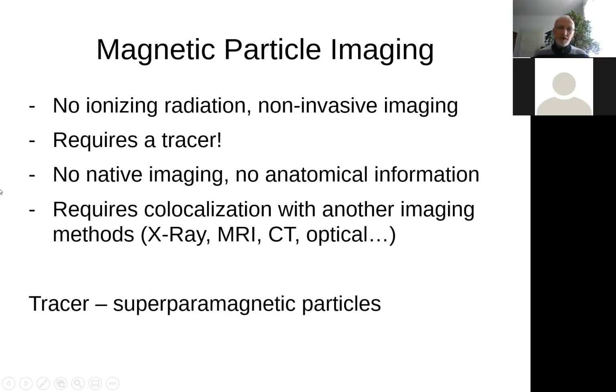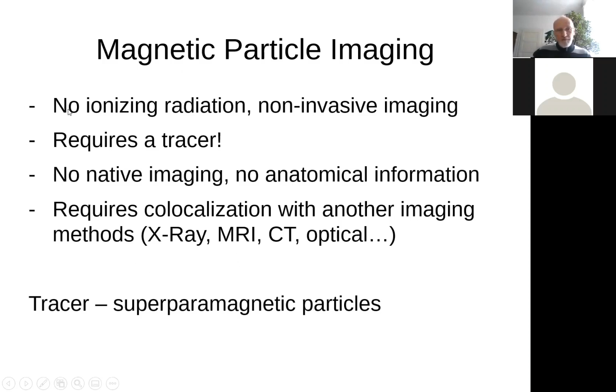Therefore, it requires colocalization with another imaging method like X-ray, CT, or MRI. MRI might be useful because it might also use the same nanoparticles which are used as a tracer, and they produce contrast in MRI too. So it might be a pretty interesting combination of magnetic particle imaging and magnetic resonance imaging.